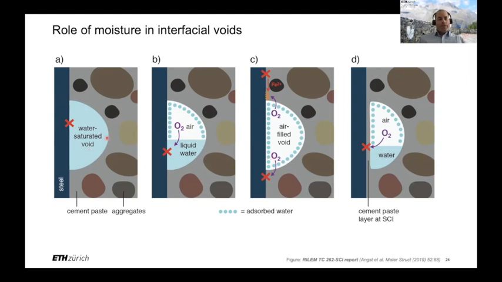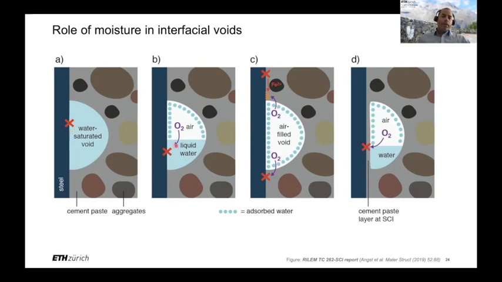So in the first case, if they are water saturated and the void is directly at the steel surface, it would be reasonable to assume that we can trigger corrosion under these conditions, because the calcium hydroxide phases that can locally buffer the pH would be relatively remote. So there is a certain distance from these cementitious phases to buffer the pH at the steel surface. And of course, the absence of the local buffer capacity would allow corrosion to initiate more easily.